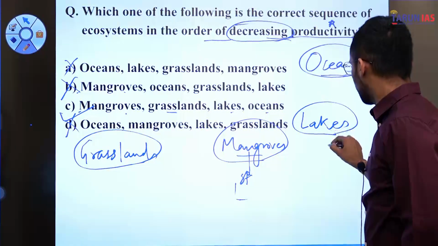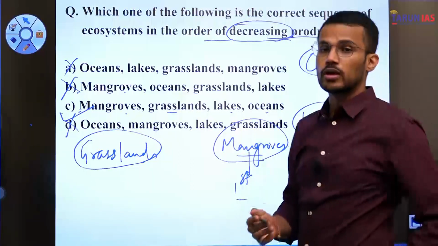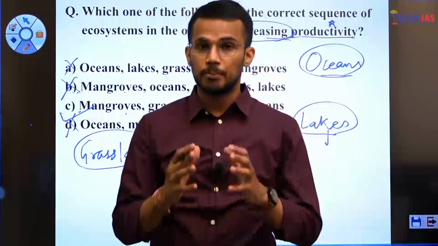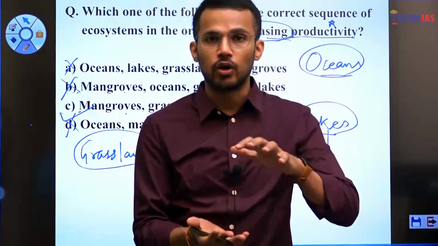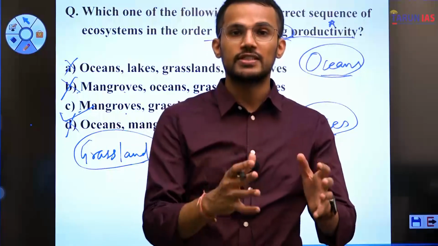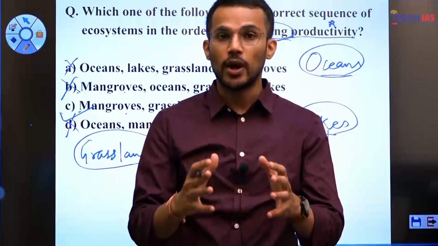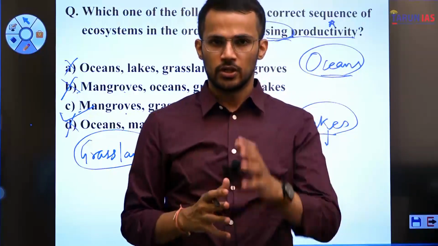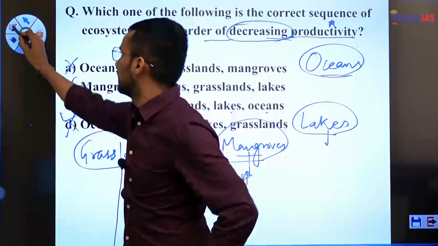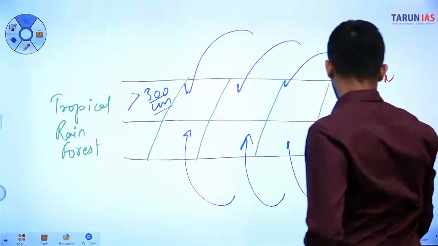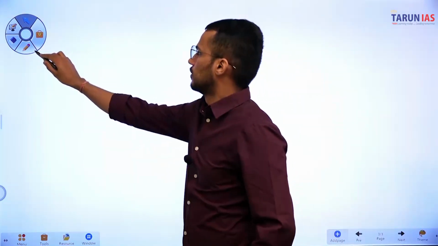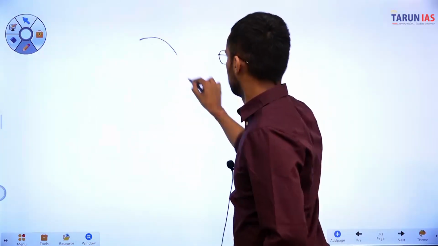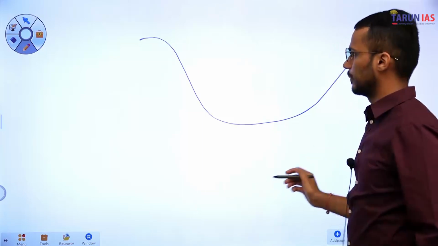The productivity of lakes is more compared to oceans because in lakes, because of their shallow waters, the aphotic zone is quite limited. I hope you must be aware of the 3 different zones of a lake. So let us consider that this is a lake body.